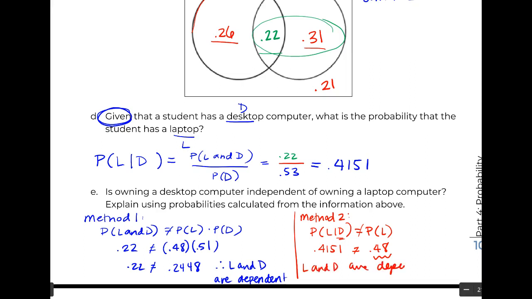And we can even go a little bit further and say that a student who owns a desktop is less likely to own a laptop. All right, so that is our testing for independence.